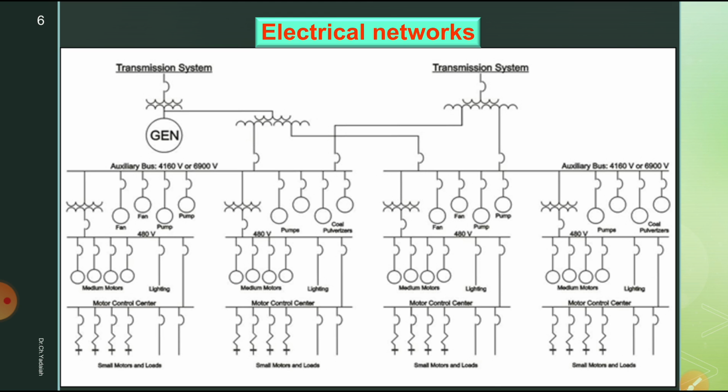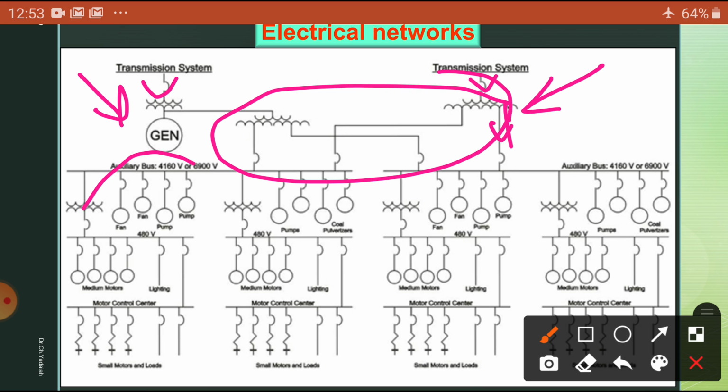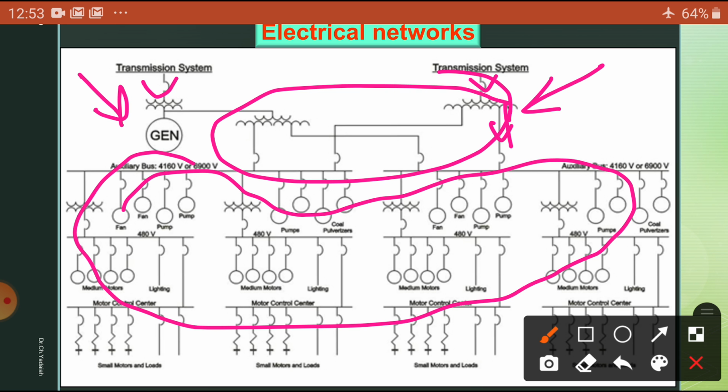For example, you can take this as one station from NTPC, and this from Nagarjuna Sagar. Both are supplying input supply to this system, and it is connected to the interconnected system, and it has so many elements connected, each element in a systematic way.